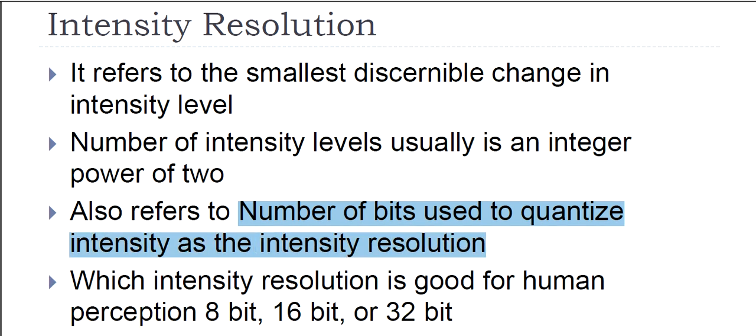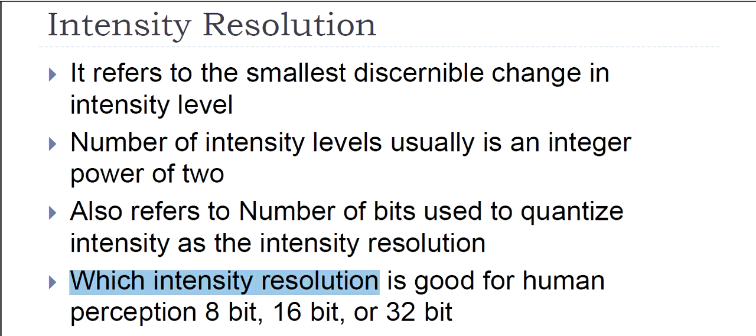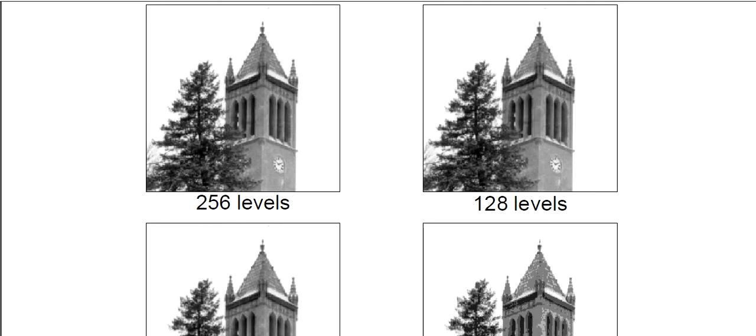So can you tell me which intensity resolution is good for human perception, 8-bit, 16-bit, or 32-bit? Can you guess? This first one is the 256 level. The second one is the 128 level. If it is 256 or 128, how many bits are consumed?